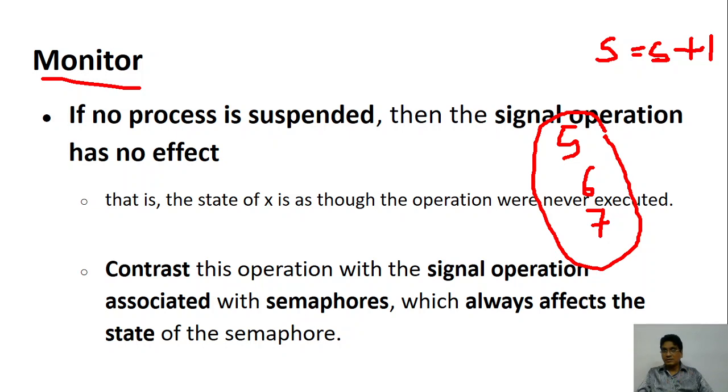Switch is on means the light will glow; off means the light will not glow. Similarly, when you change the value, the state will change. You are in the first year, you came to the second year, so your state is changing. So when you call the signal, the values are changing, that means the state of the semaphore itself is changing, but that is not the case in monitors. In monitors, values don't change.